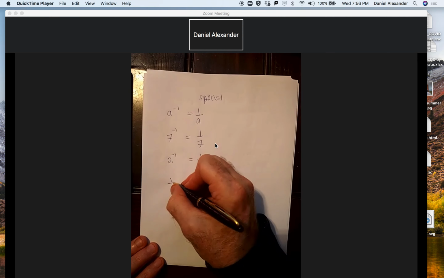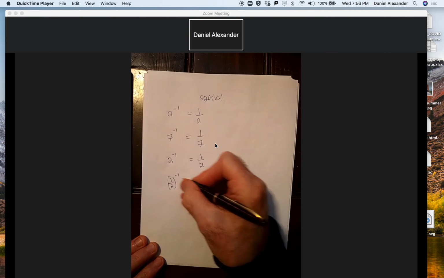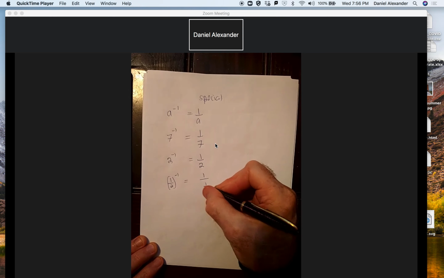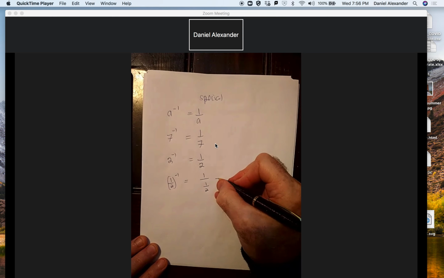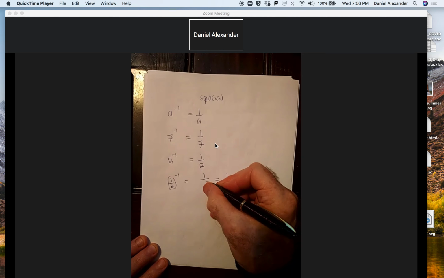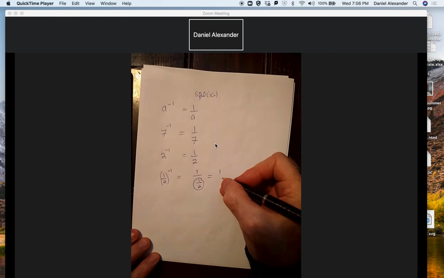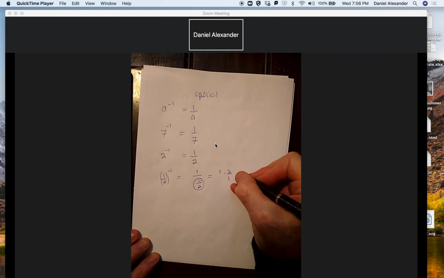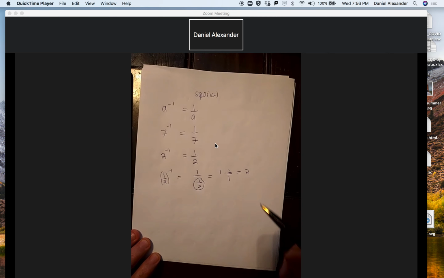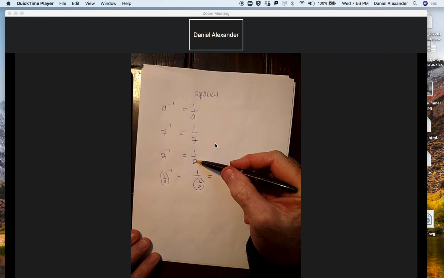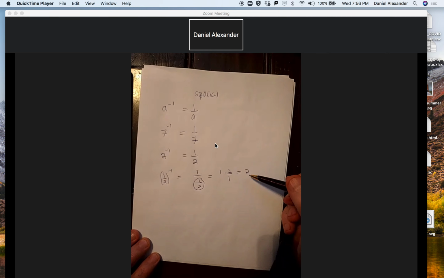And if I had 1/2 to the minus 1, that would be 1 over 1/2. You invert and multiply when you have a fraction over a fraction, so that would be 1 times 2 over 1, which would be 2. But that makes sense. The reciprocal of 2 is 1/2. The reciprocal of 1/2 has to be 2.